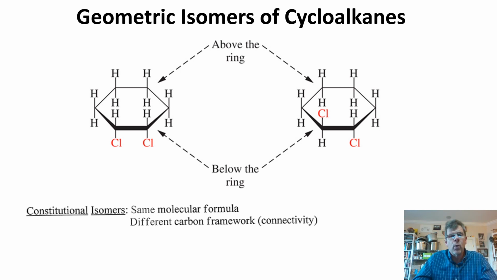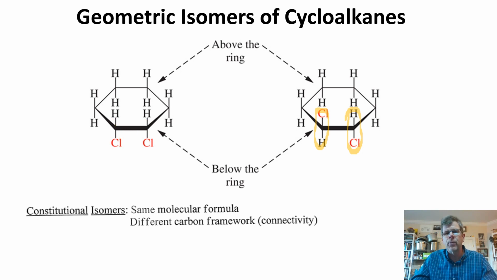Here we have the same molecular formula on both of these, and we have the same connectivity. The same because these two chloro groups are on adjacent carbons to one another on both sides. So from the lens of constitutional isomers, these would seem to be identical compounds, but clearly they're not.